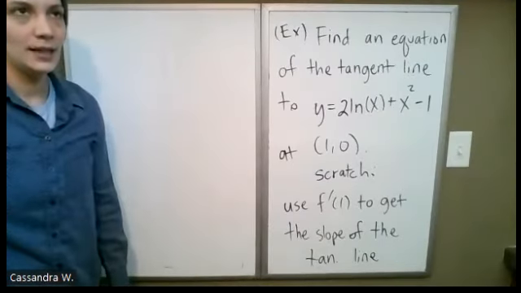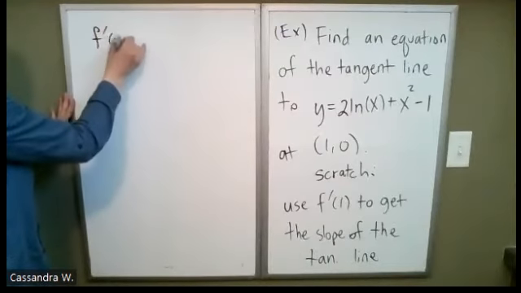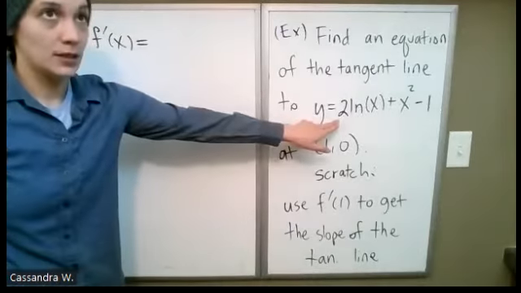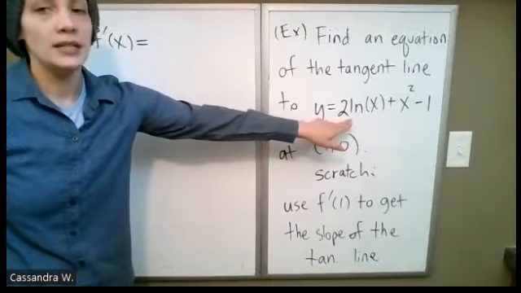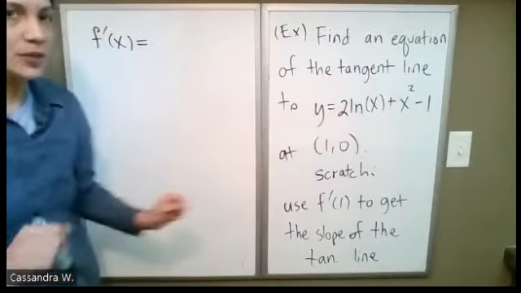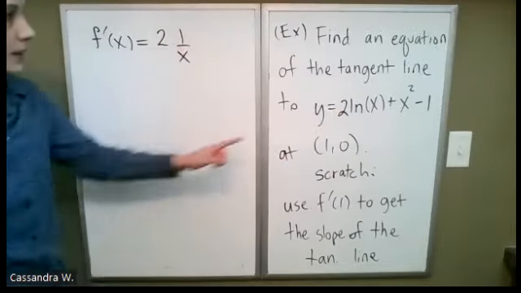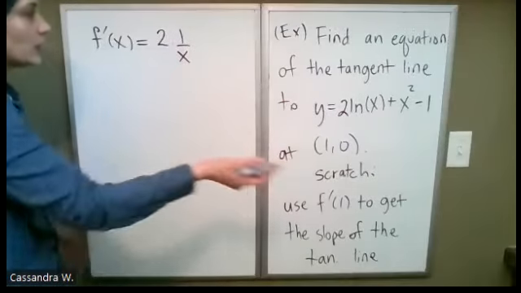Okay, f prime of x first. Well, we have 2, so the 2 sits there. The derivative of ln of x is 1 over x. So 2 times 1 over x. And then the derivative of x squared is going to be 2x. And then at the end, you subtract 0.